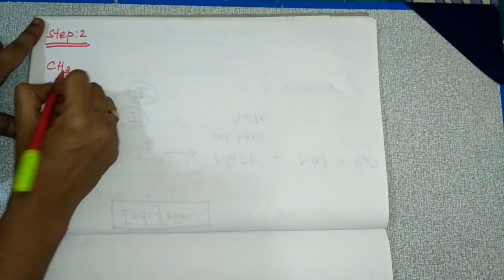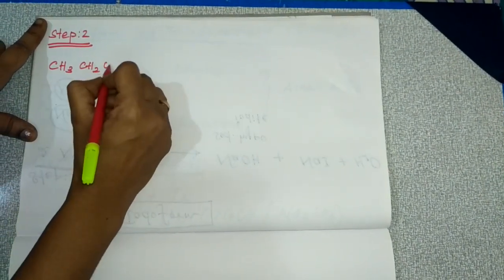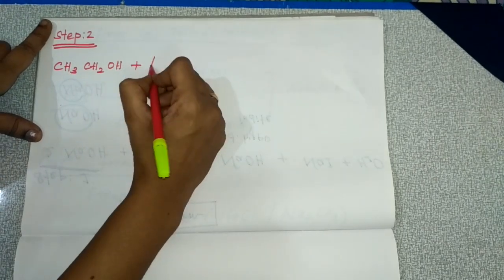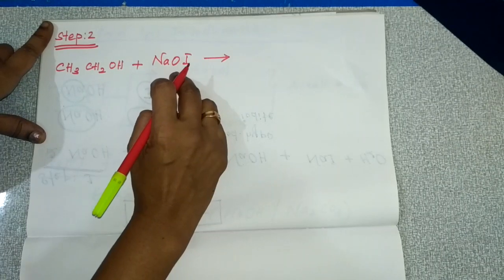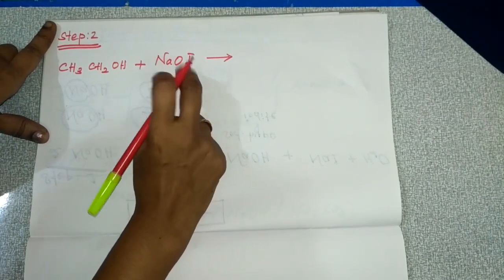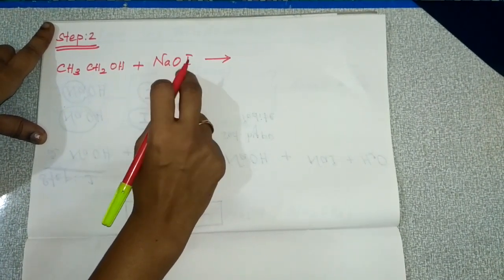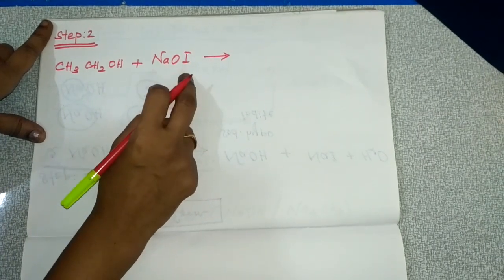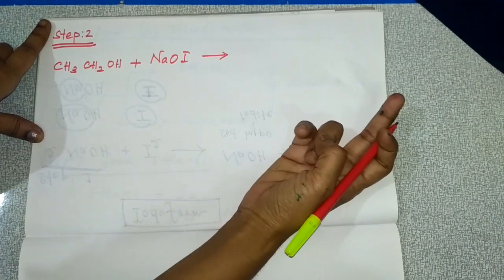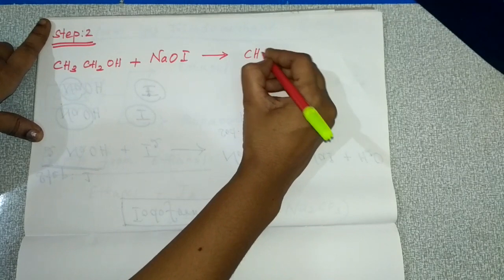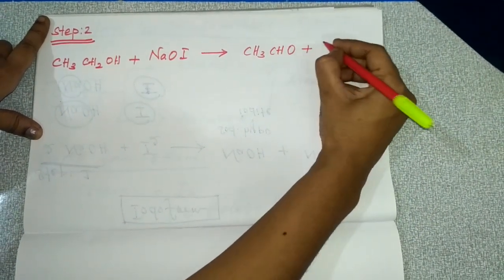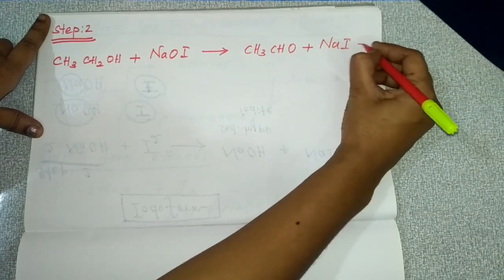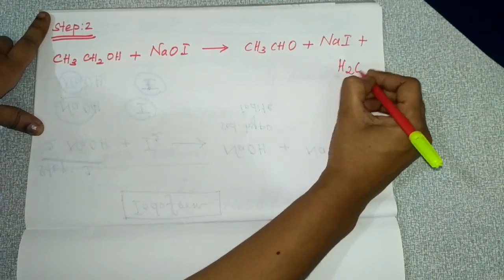Ethanol will react with the sodium hypoiodite, which is formed in the first step. And this sodium hypoiodite will oxidize ethanol to ethanal. So here your product formed is ethanal, sodium iodide and water.